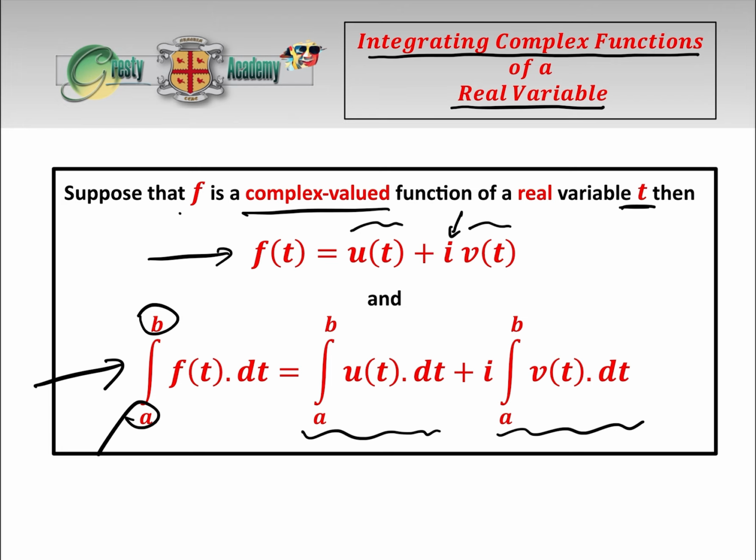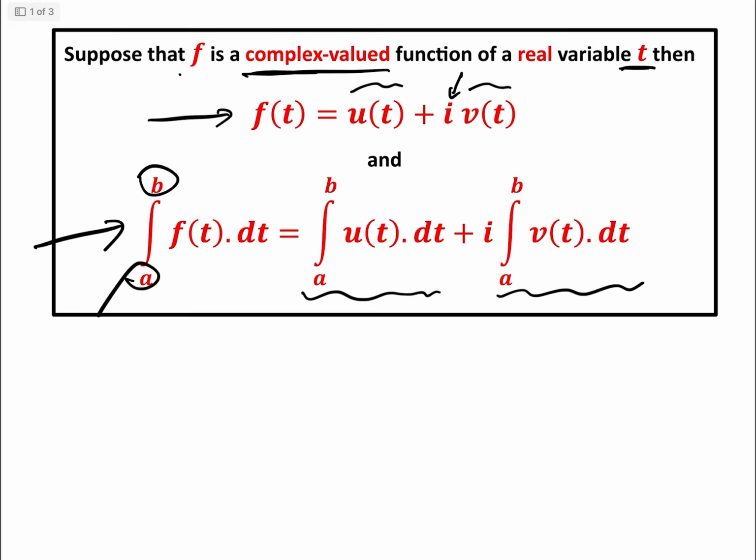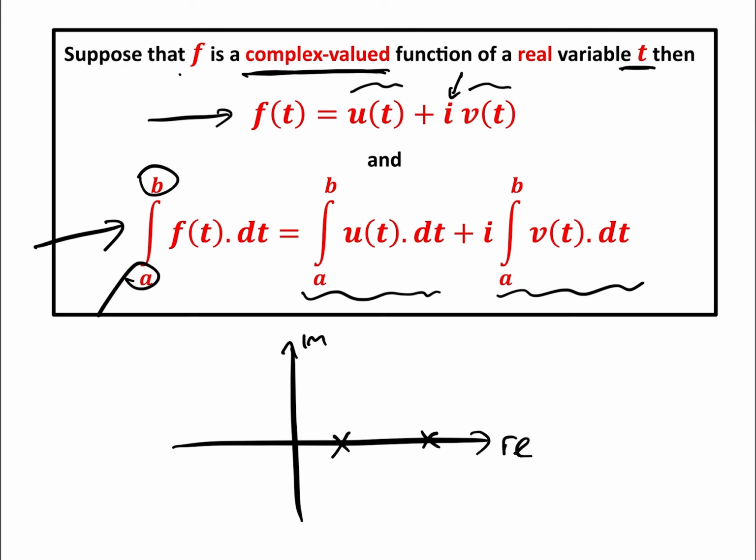Now the fundamental theorem of calculus applies when we're integrating. The reason being, even though we're integrating a complex valued function, if this is our Argand diagram here, and here's the imaginary and here's the real, because we are integrating real variables, we are integrating along the real line, and so there is only one possible path, which is why we can use the fundamental theorem of calculus.